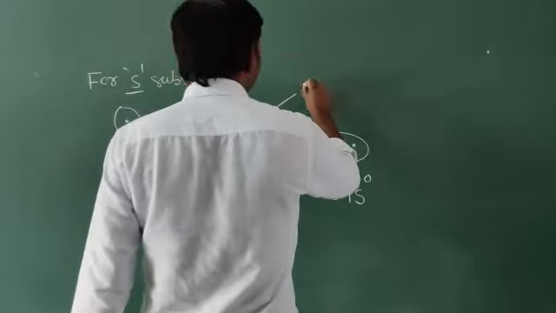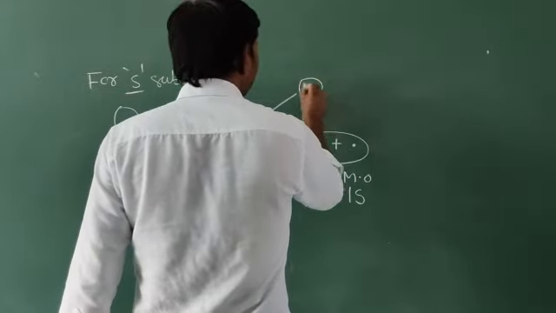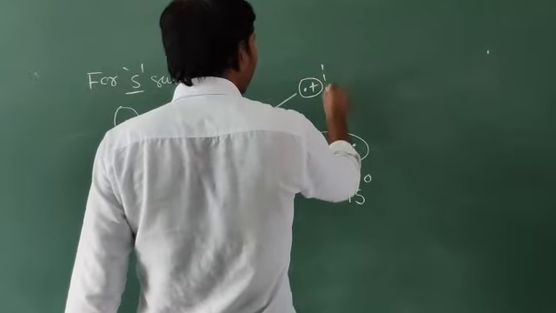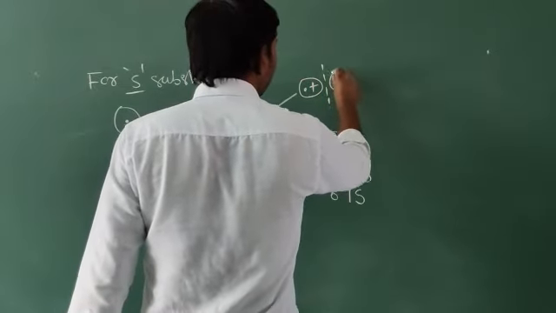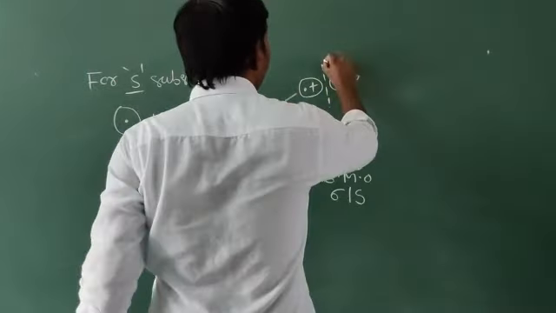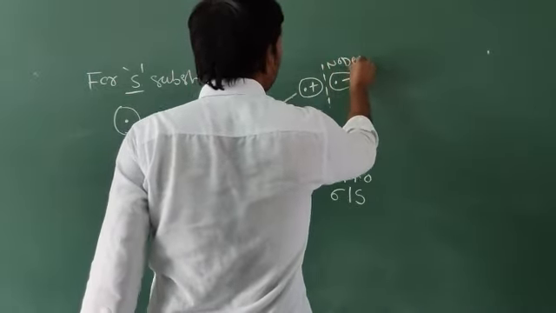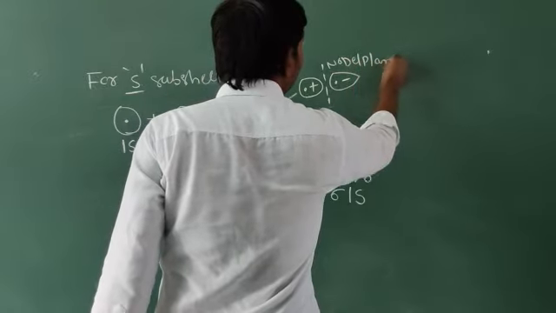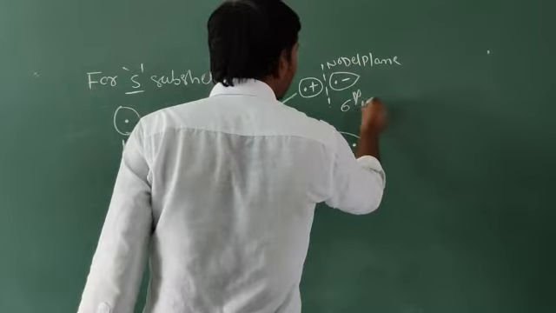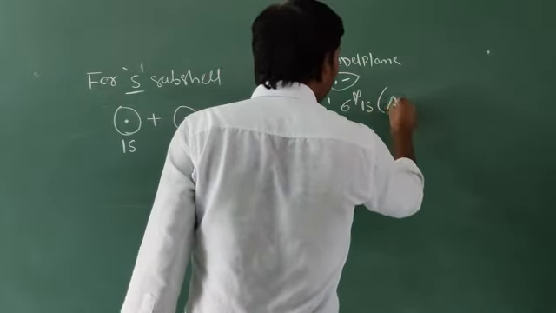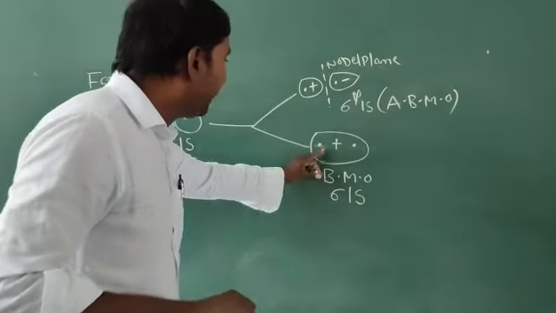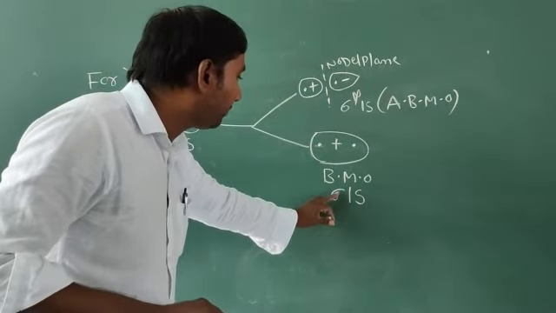Next one. Here is the nodal plane. This is sigma star 1s, that means the anti-bonding molecular orbital. So this is the lower energy bonding molecular orbital, sigma 1s.